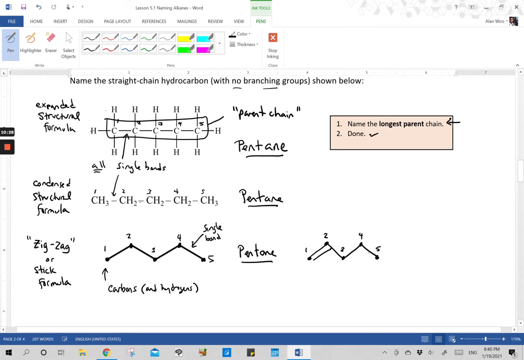But these are single bonds. This is not a single bond. What I've drawn here is a double bond. Because you have 5 carbons, the prefix is pent, but because of the double bond, you have to change the ending from ane to ene.